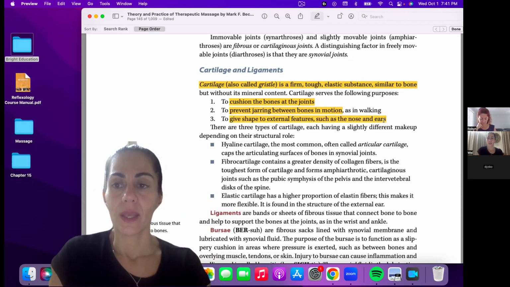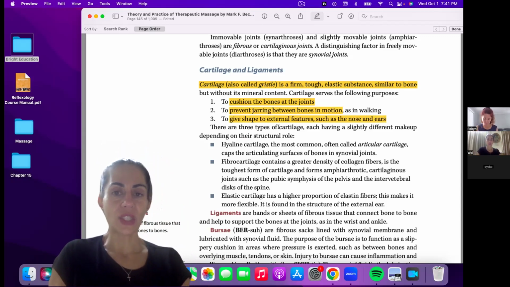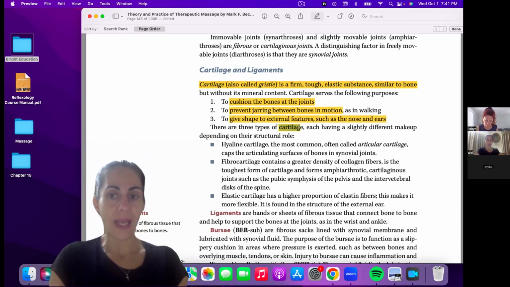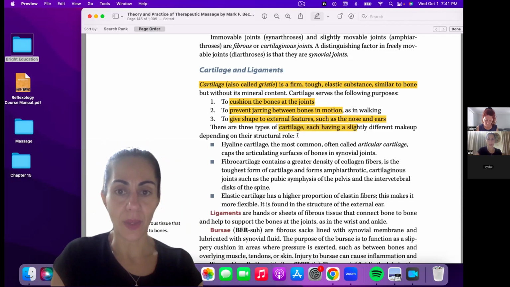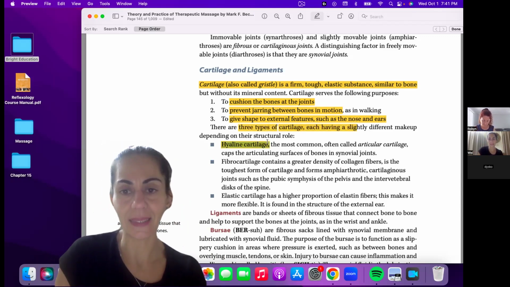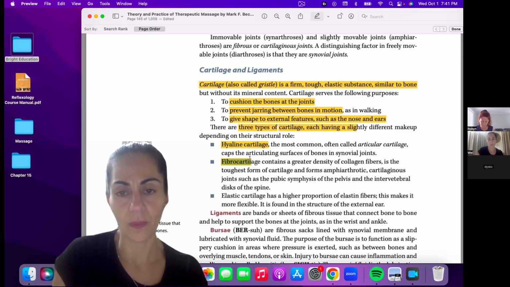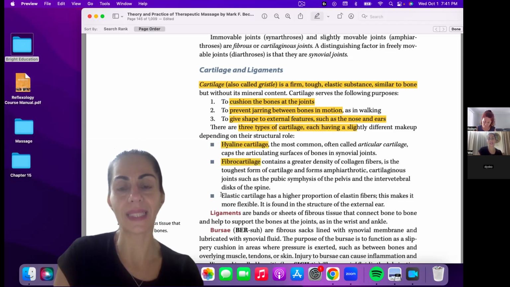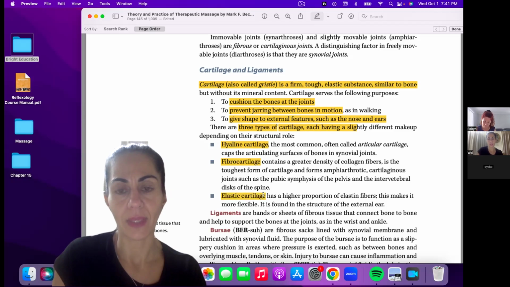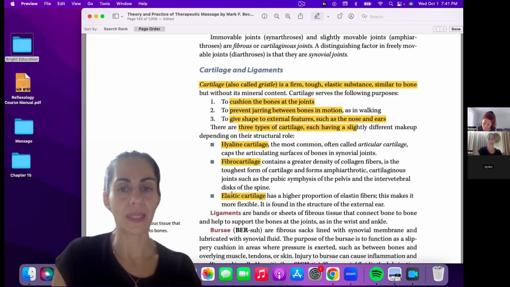Now, the cartilage itself has 3 types. Hyaline, fibrocartilage, and elastic. One is fibrous, one is a little elastic, and one is hyaline, which is most common, and that's what you find in the joints.